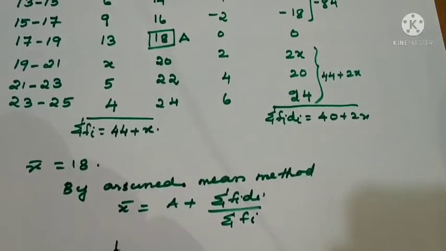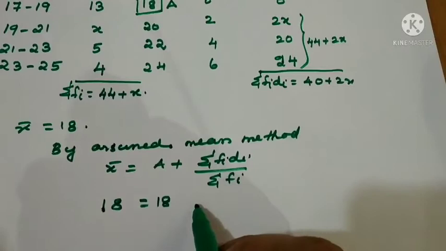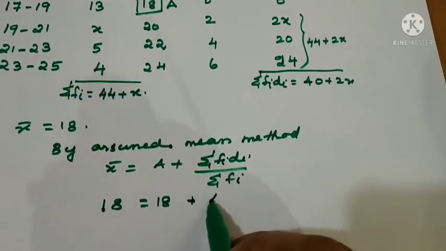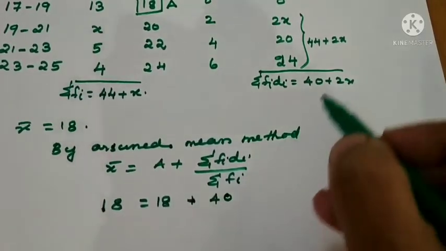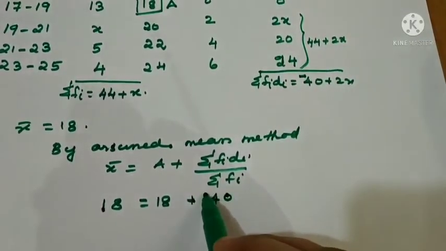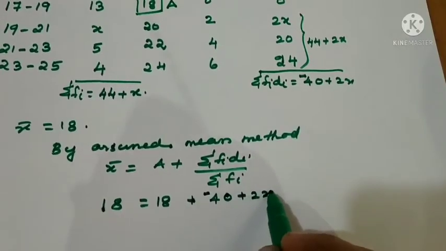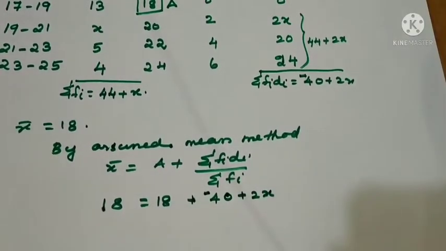So the assumed mean is 18 and the given mean is also 18 only. So 18 equal to 18 plus minus 40 plus 2x, divided by sigma fi, that is 44 plus x.